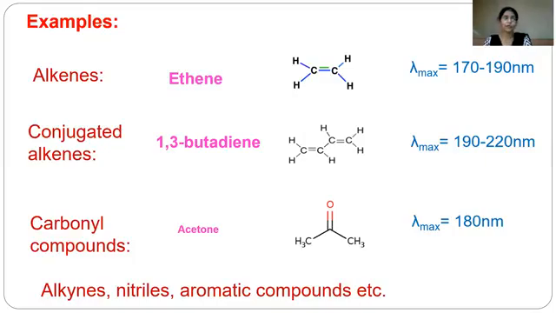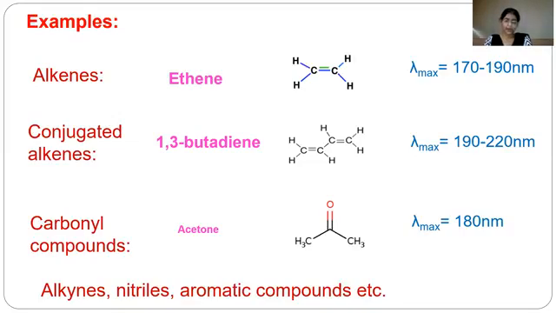As the number of conjugated double bonds increases in the alkenes, if two or more double bonds are present in conjugation, the value of lambda max will increase by 10 to 20 nanometer for each conjugated double bond.